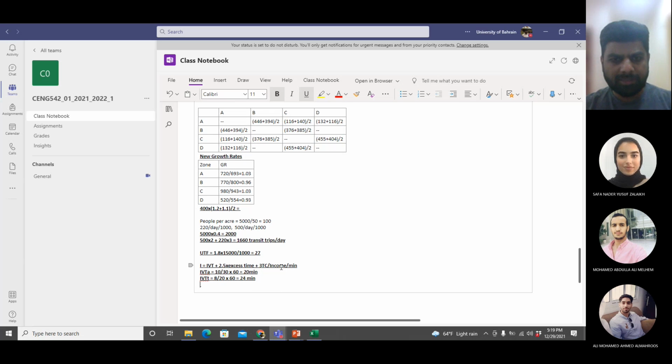Okay, so in-vehicle time is calculated. Access time is given directly, so I don't need to calculate it. Now I need trip cost per income per minute.